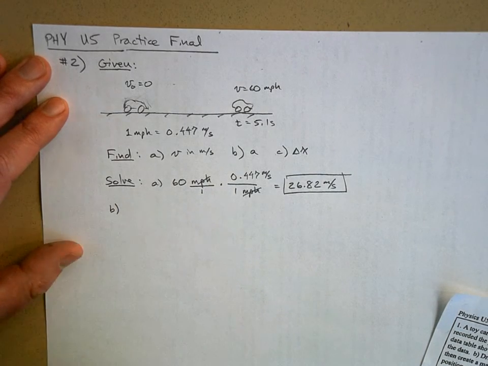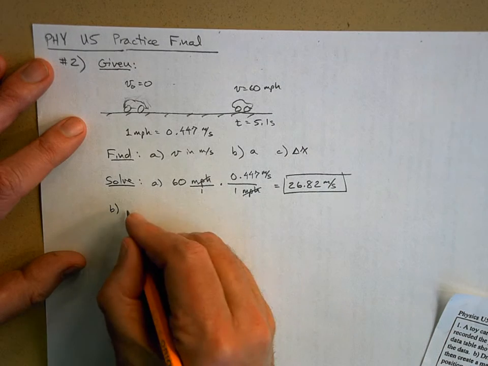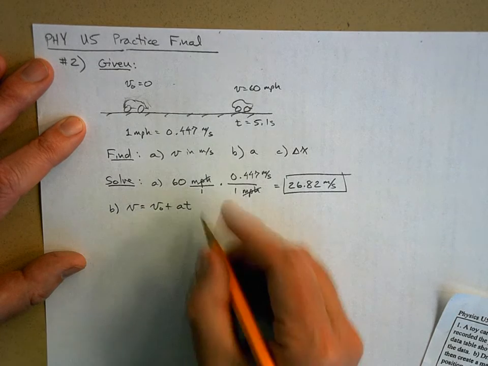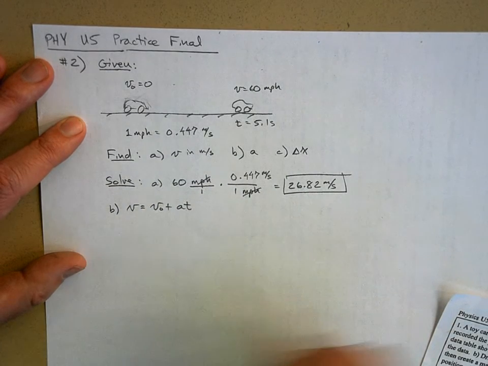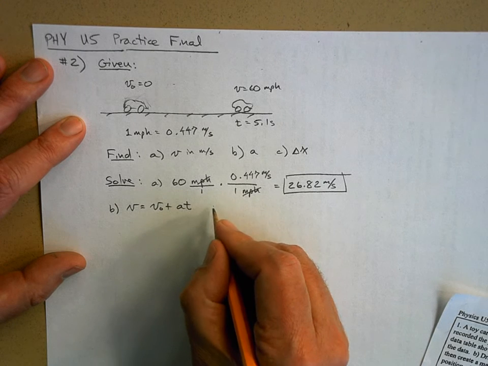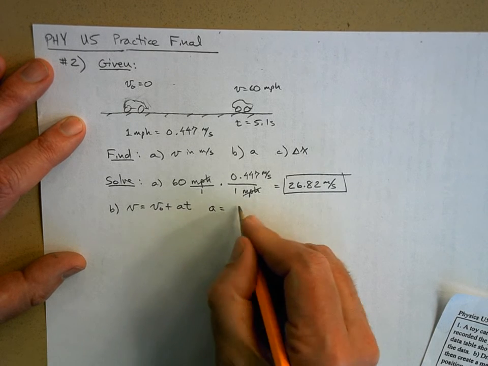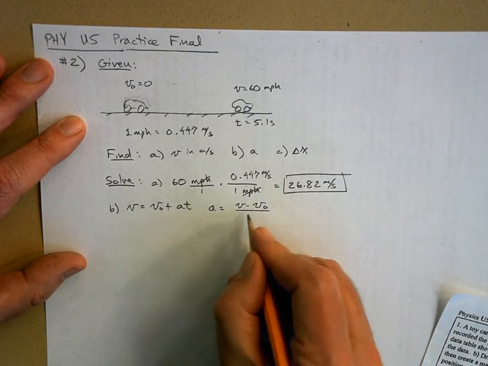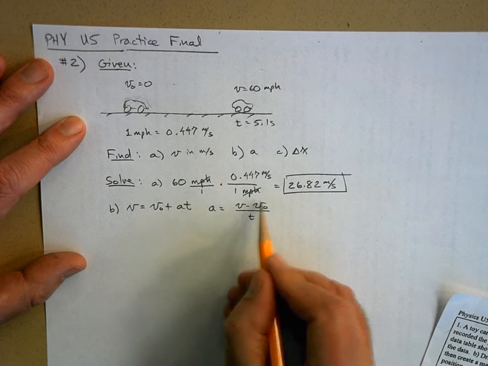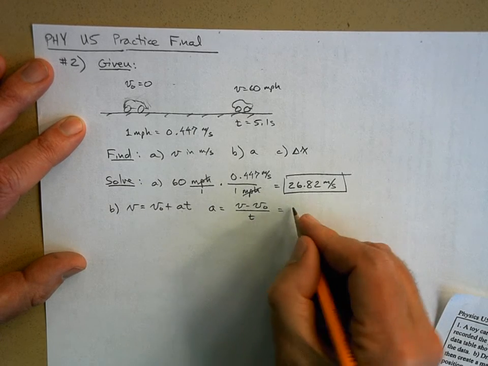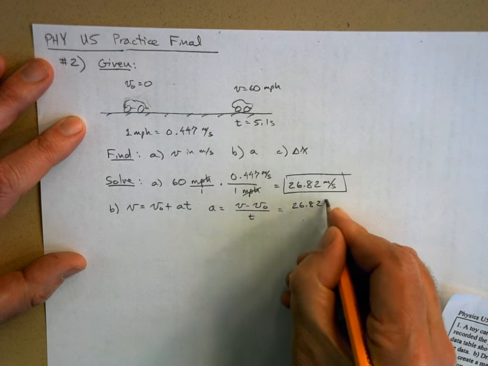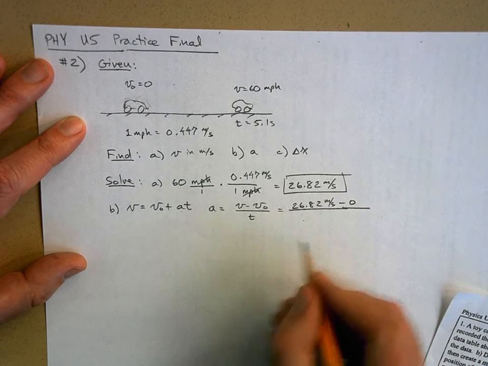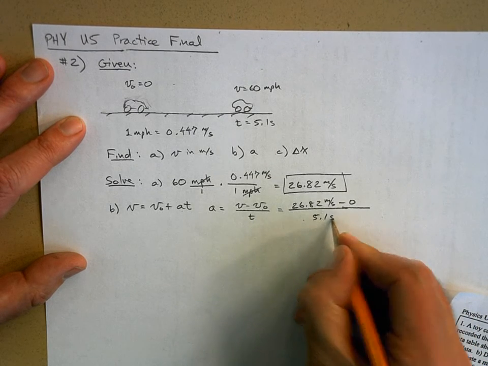Now part B, the acceleration. Well, v equals v naught plus at. Or you can start with a equals delta v over delta t. It'll give you the same thing. So let's solve for a. a equals v minus v naught, right? Subtract that to the other side, and then divide by time. So this is really delta v over delta t. 26.82 meters per second minus 0, starts from rest, and that took 5.1 seconds.